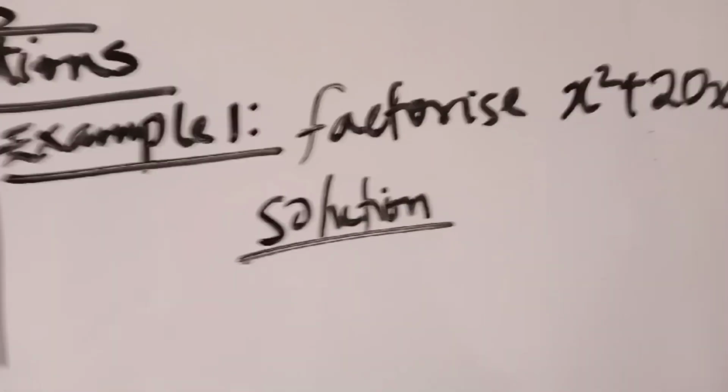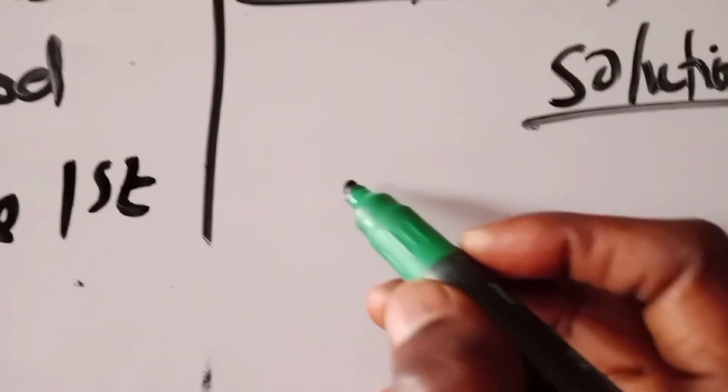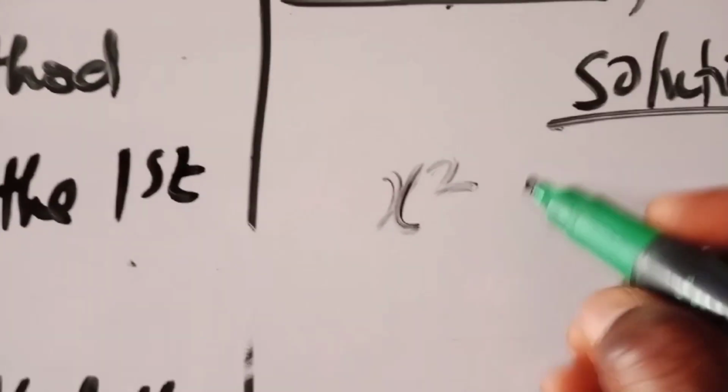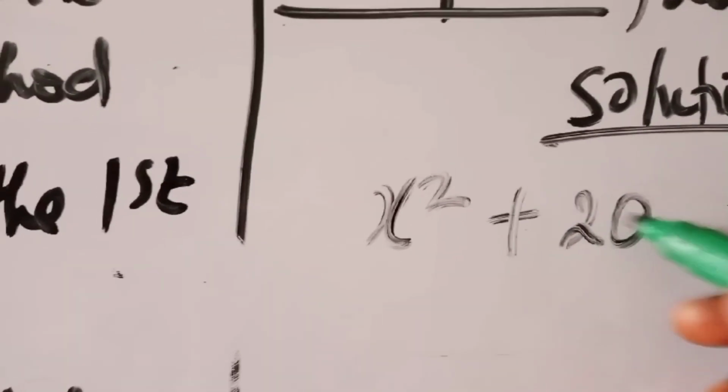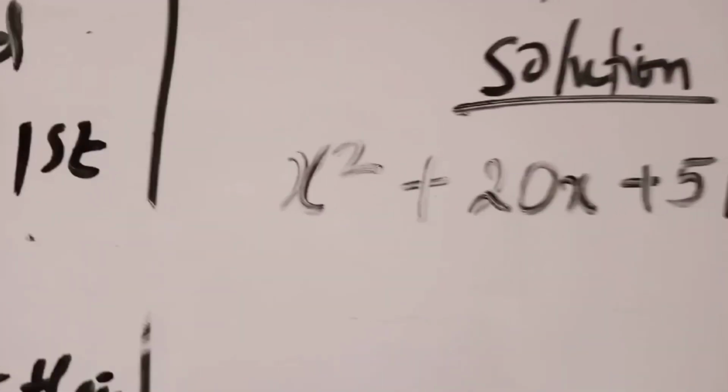Let's see the solution. The first thing we are going to do is take x squared plus 20x plus 51 as our question.